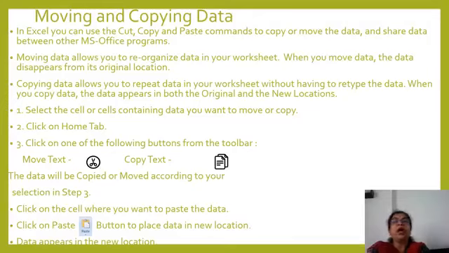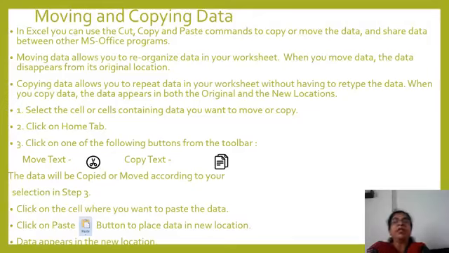Moving data allows you to reorganize data in your worksheet. When you move, the data disappears from its original location. Correct? Copying data allows you to repeat data in your worksheet without having to retype it.